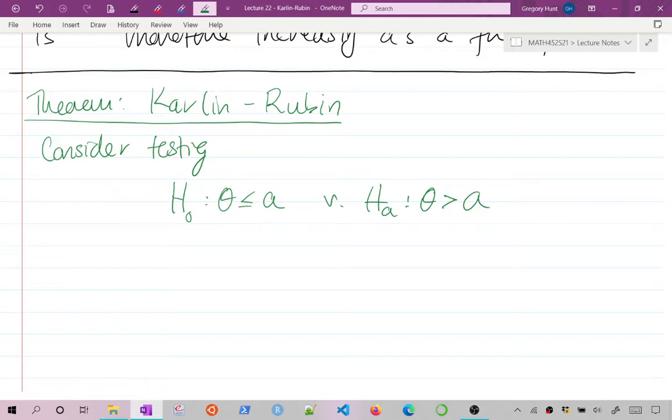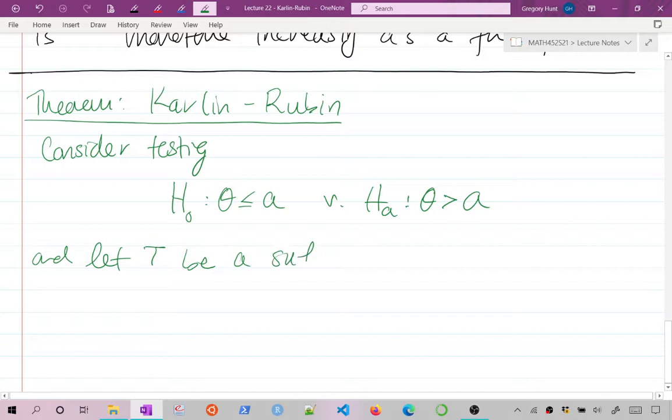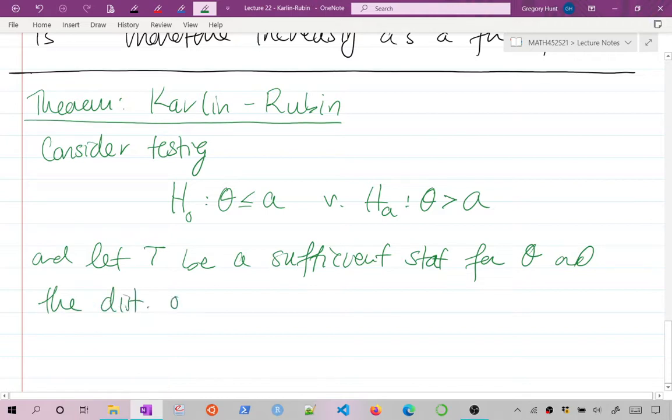We'll talk about that in a second, but for now, consider the case where the null is less than A and the alternative is bigger than A. And let T be a sufficient statistic for theta, and the distribution of T has the MLR property.